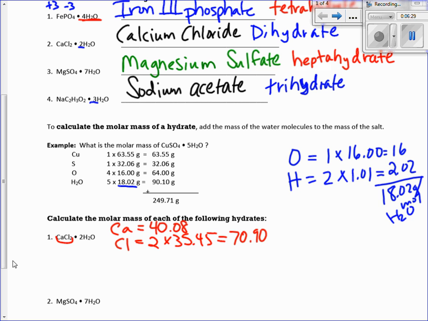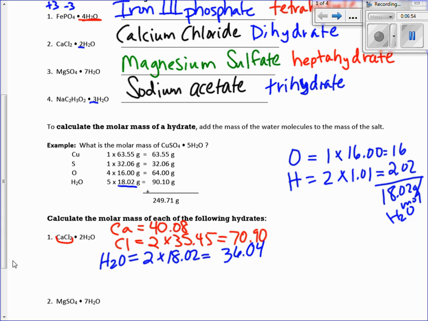So every time you don't need to recalculate the mass of the waters because you know it's going to be 18.02. All you need to do is add in a line here. So for the water, it's going to be 2 times our 18.02. That gives us 36.04.